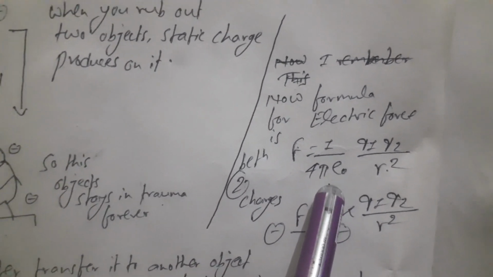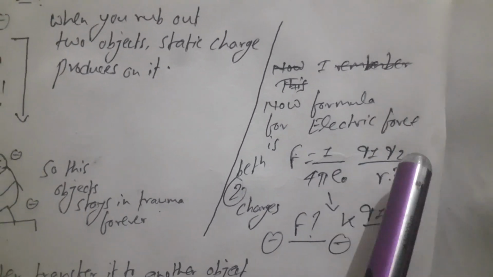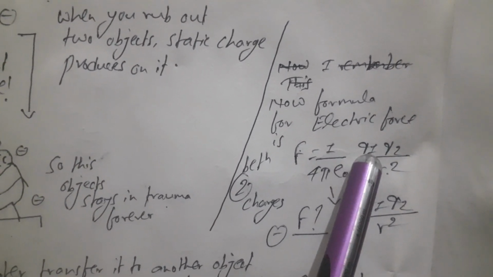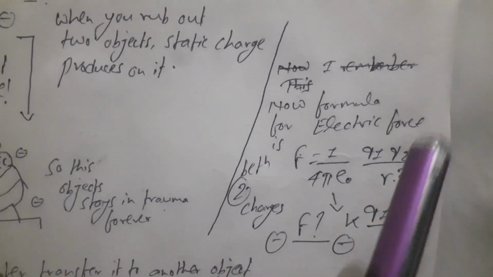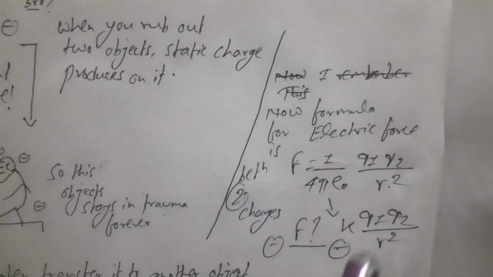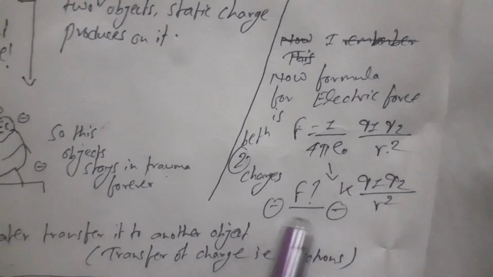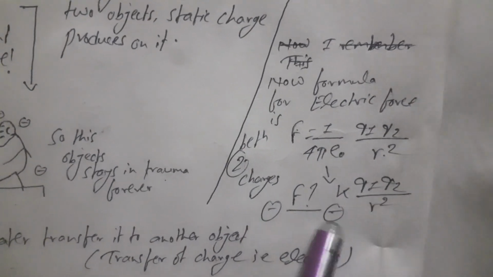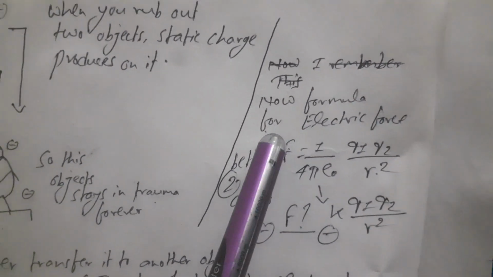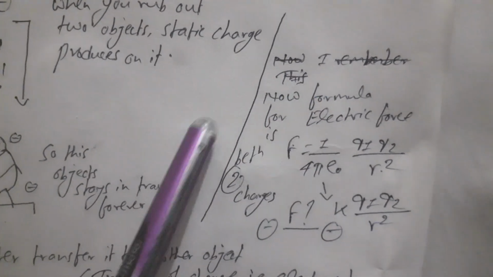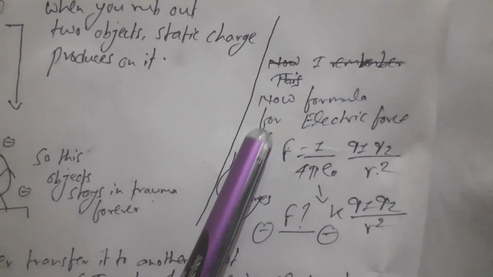I will explain later what that is. q1 is the charge of one particle, q2 is the charge of another particle, and r is the distance between these two charged particles. This formula, the scientist named Coulomb stole from Newton.